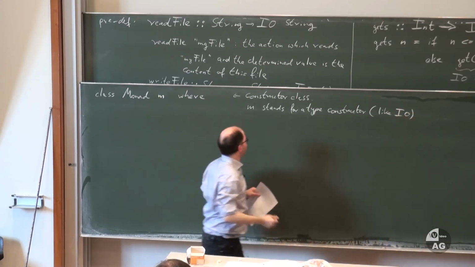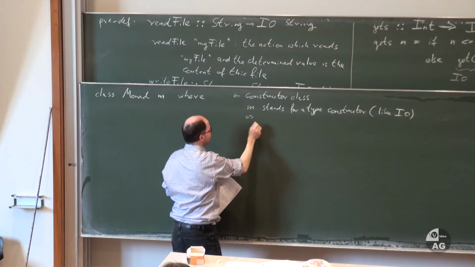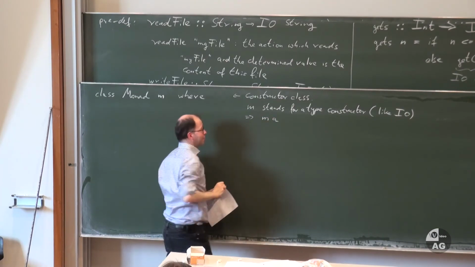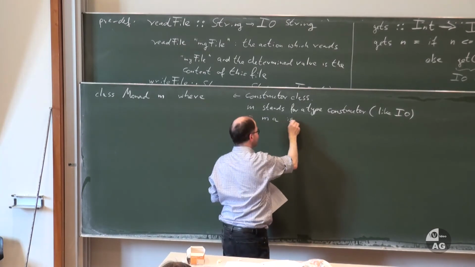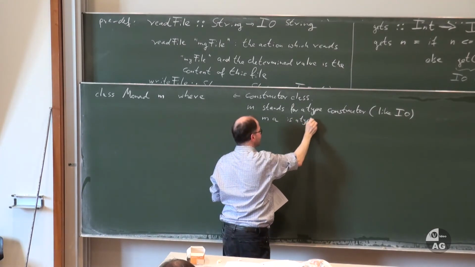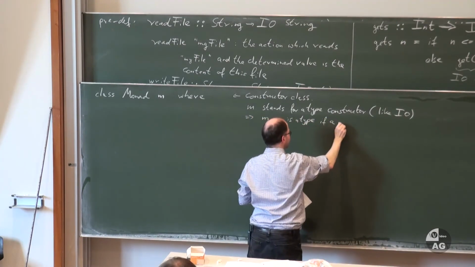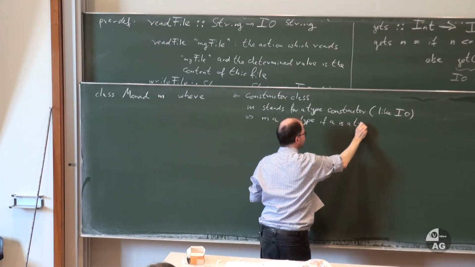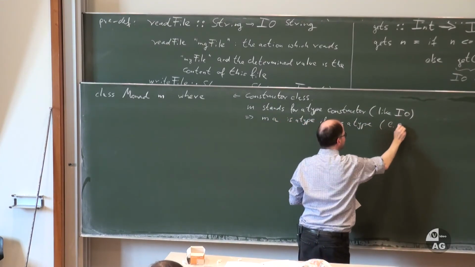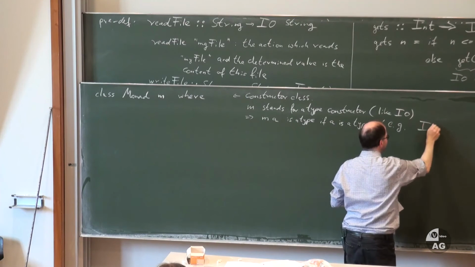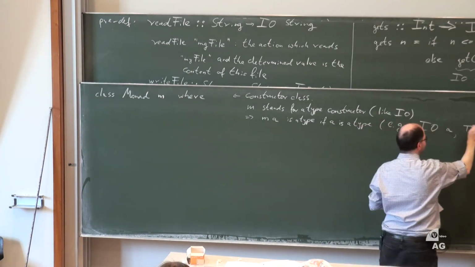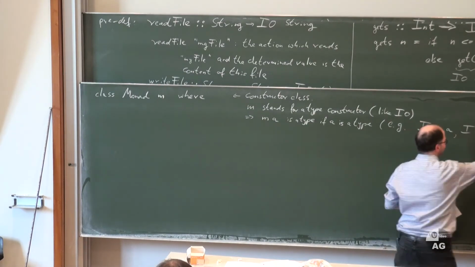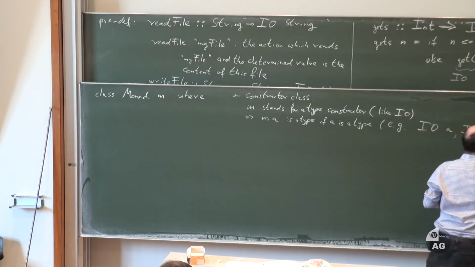M is not a type, but if we apply M to some type, then we have a type. So M A is a type if A is a type. For example, if we apply I/O to a type, then we have IO A, that's a type, or IO empty tuple, or IO character.